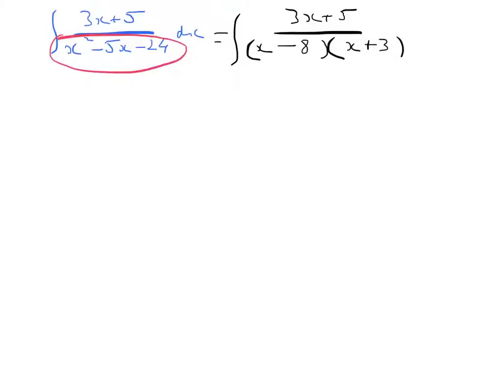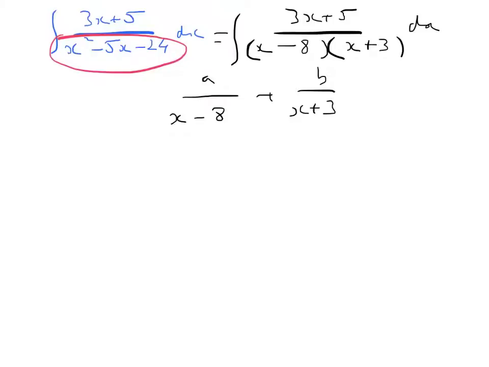So that and that are the same thing. Okay? We'll go into partial fractions. So we would have had two simple fractions, a over x minus 8 and b over x plus 3. They're the two fractions that together would have added up to produce 3x plus 5 over the composite.